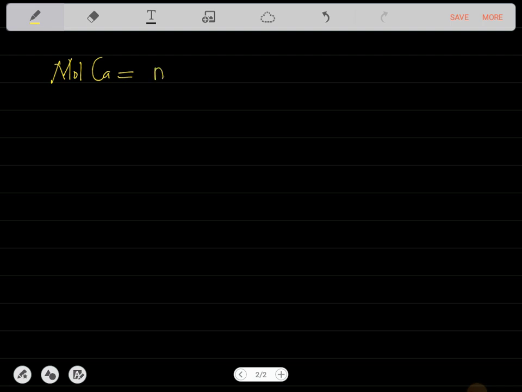Number of moles is equal to the mass given over the molar mass. The mass given for calcium is just 2 grams. The molar mass, we said it's 40. So I put 40 grams per mole. Now we just have to divide 2 by 40. That is giving me 0.05. These are moles for calcium.